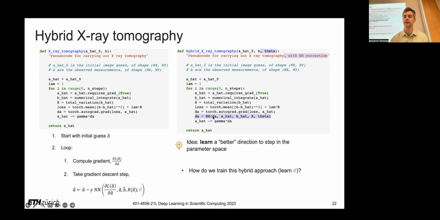We're just going to pass that gradient through a neural network to update it. So it's going to say, given this gradient descent step a normal gradient descent algorithm would use, what's a better one to take? And you're going to argue, how on earth would you learn that? That's what I'm going to try and describe next, how we can train such a neural network. This AutoGrad line is still here.